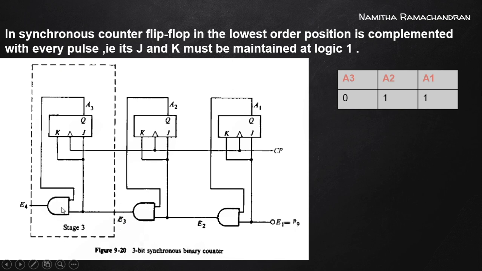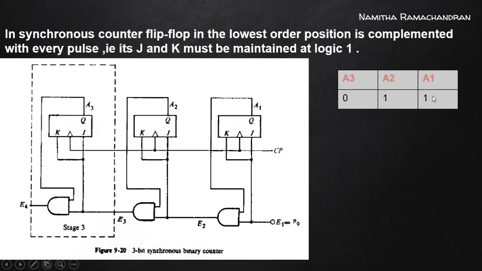This E3 value decides whether to complement or not the A3 value. Okay, the present state A3 value and the control variable decide this next bit of our shift operation.